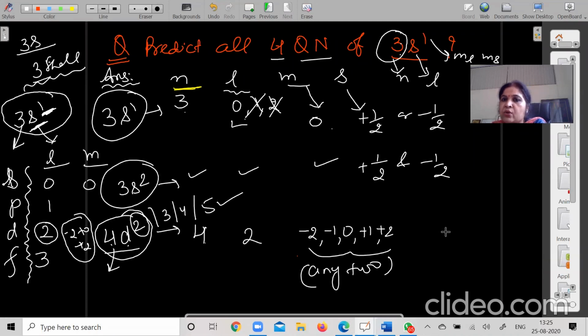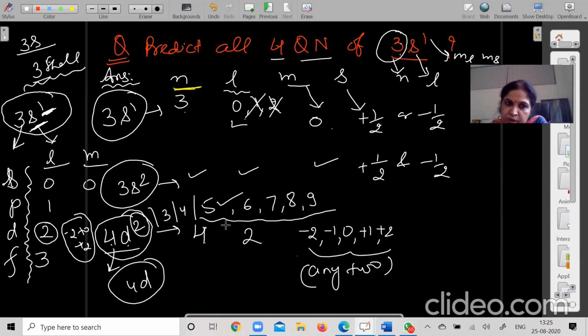For 3, any 3. For 4, any 4. For 5 onward, even 6, 7, 8, 9, you have to write all 5 orbitals. Or if only 4d is mentioned, then also you write all 5 orbitals.